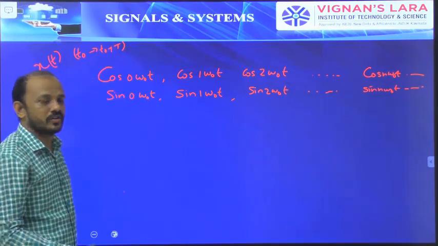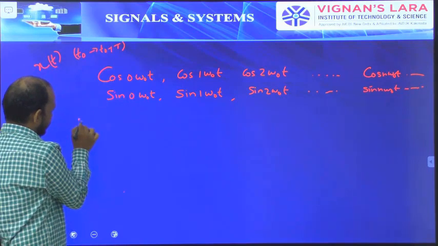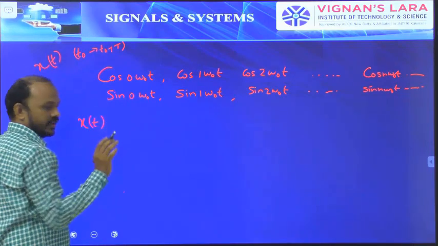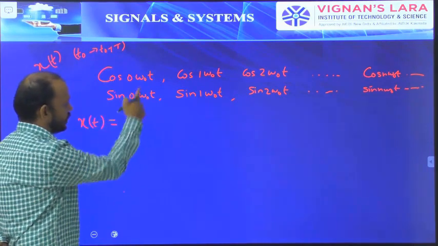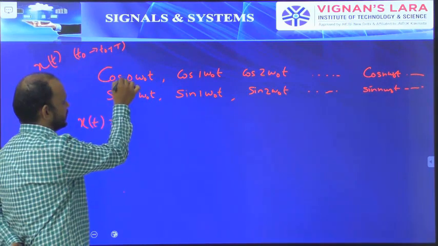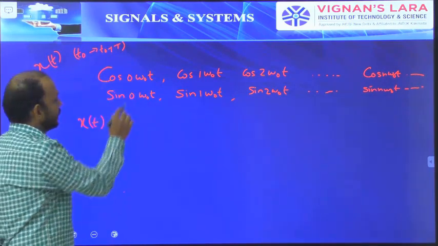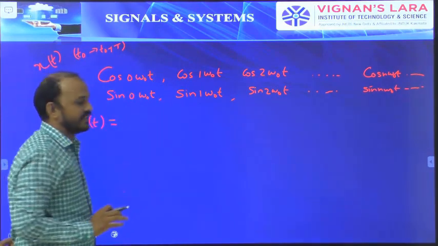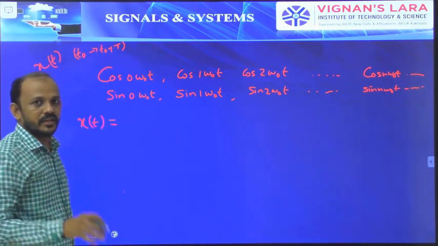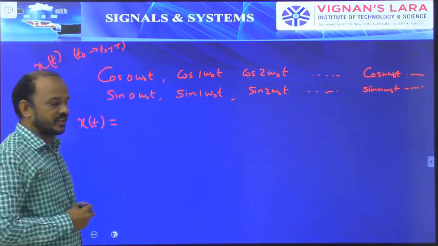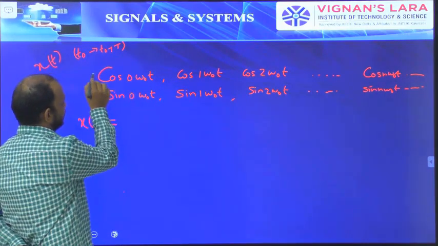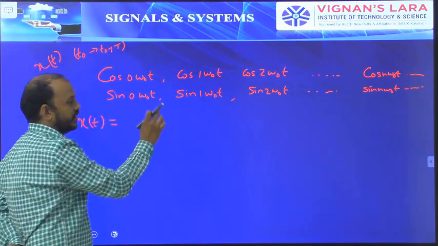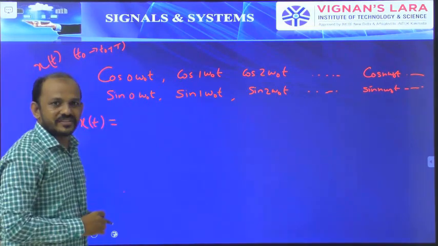Using the concept of orthogonal signal space, x of t will be equal to linear combination of all these things. Starting with this. So here I will take a constant. For cos I will take the constant as a, and for sines I will take the constant as b. So for cos I am taking the constant as a. So inside this there is A. Here also A. But we have to go for different constants.